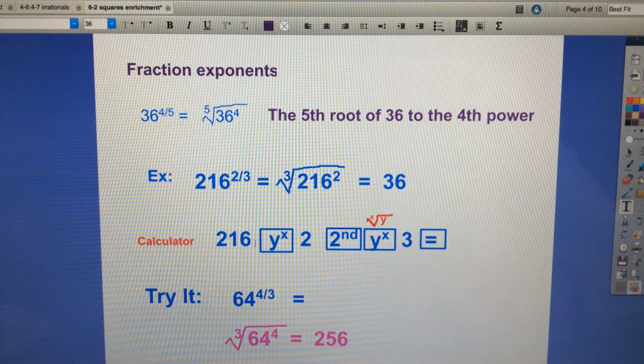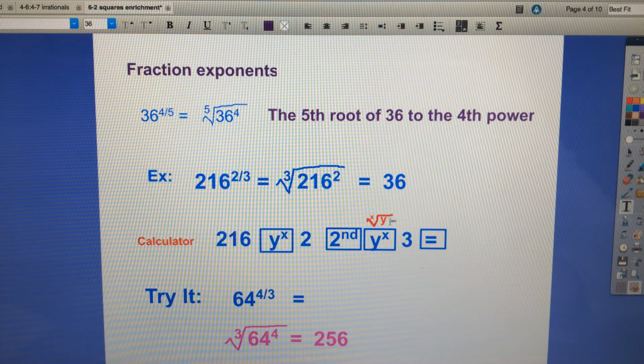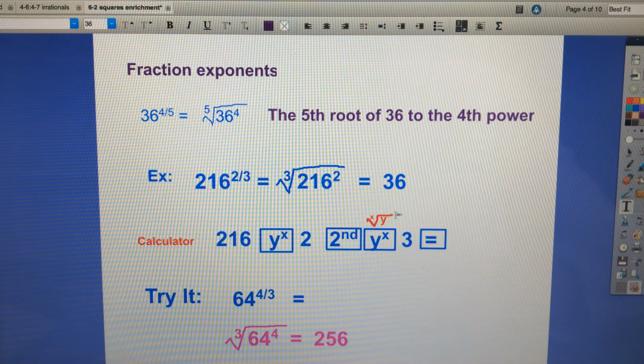That means 216 to the 2nd power. Second key, I'm doing my root now. This is y root of x, the radical sign with x as the index. It's above the y to the x if you're using a TI-30XA. You can find this key on any calculator, but play with it. Make sure you get the right answer.